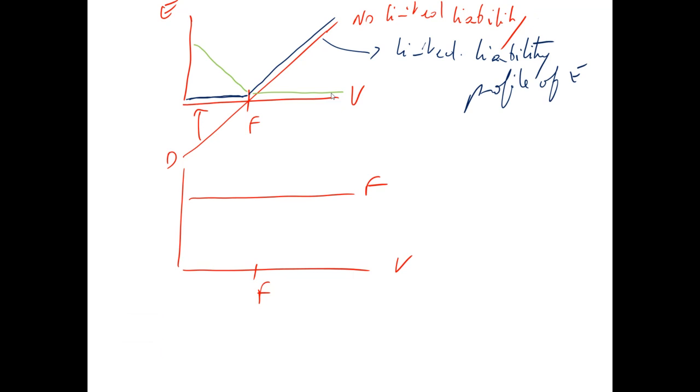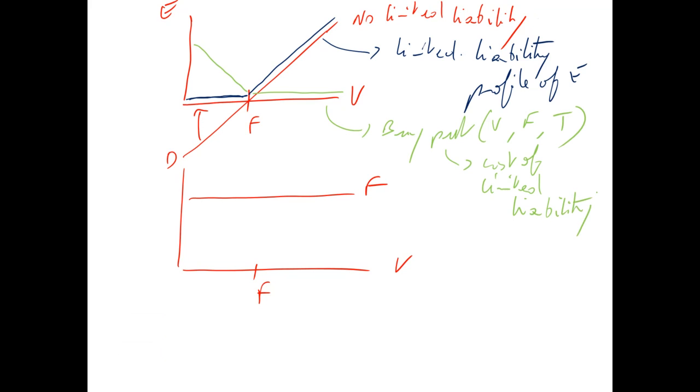So if you want to go from the unlimited equity to limited liability, what you have to do is buy a put on V, strike F, at period T. And if you buy a put, of course, you pay something. Okay, and what you pay is the cost of the limited liability.